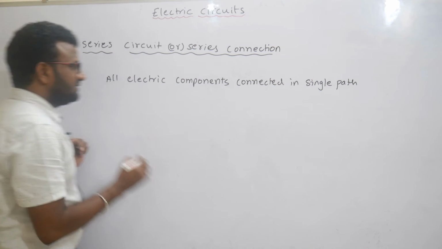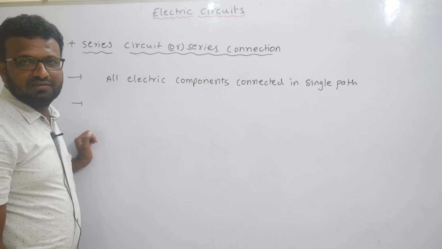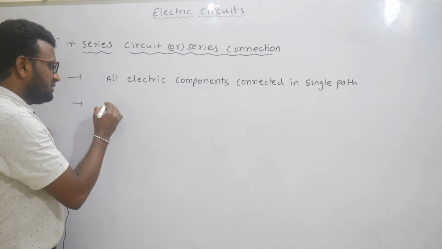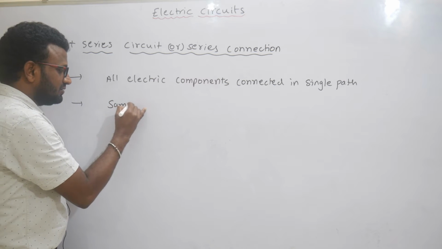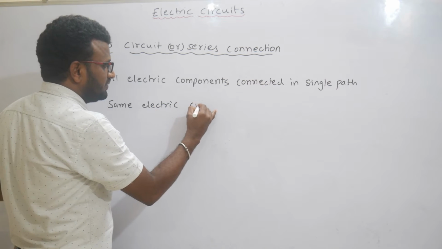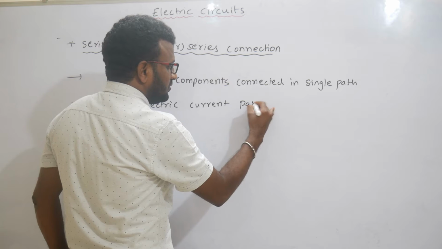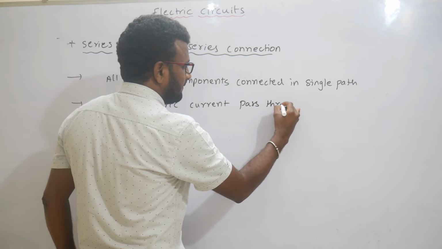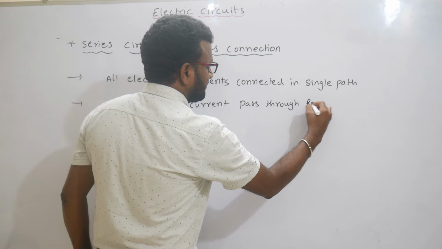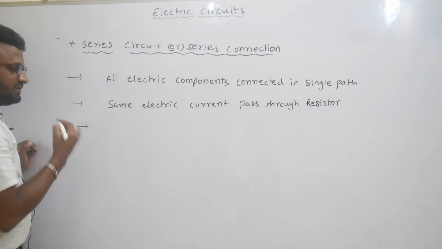Come to the second point. What is the second point? The magnitude of electric current is the same throughout the circuit. So the same electric current passes through each resistor. Each resistor means an electric component. Next, come to the third point.